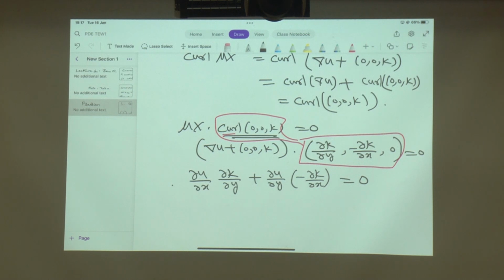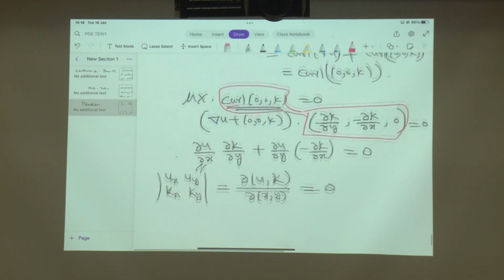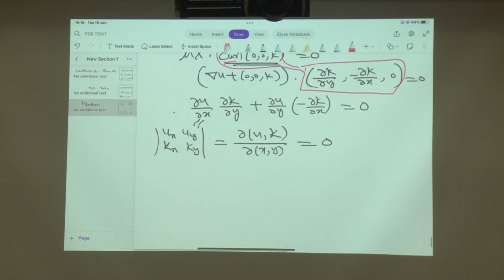This is a certain Jacobian, a notation for the Jacobian of u, k with respect to x and y. It is just this determinant, ux uy kx ky, equal to 0. That's precisely the expansion. Now here we use a result. The result says that the moment you see a certain Jacobian like this is 0 everywhere, not just one point.